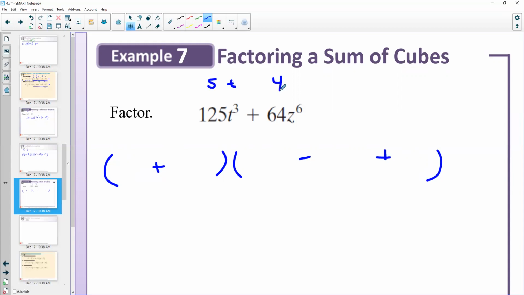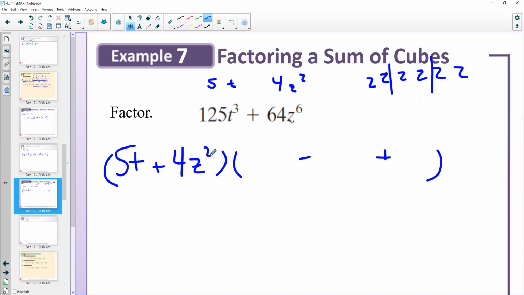The base of z to the 6th, well, let's think about that. If I have 6 z's, and it's a cube, I want to make 3 groups. So each one has 2 z's, so it's z squared, which is like the most difficult thing to write in these markers. All right, so then we put our stuff into place. 5t plus 4z squared.